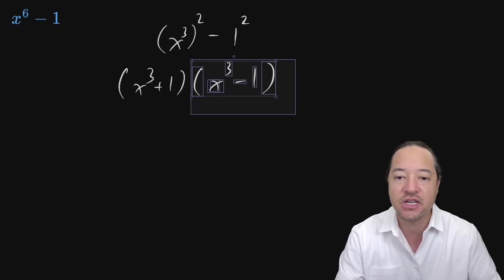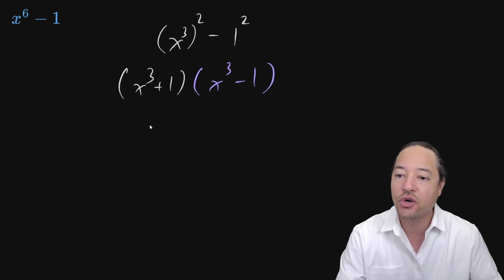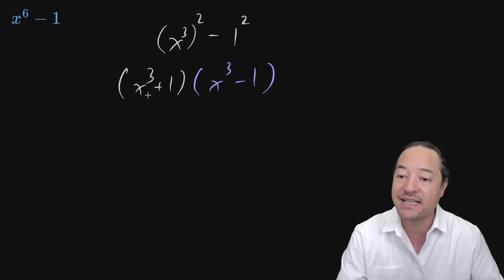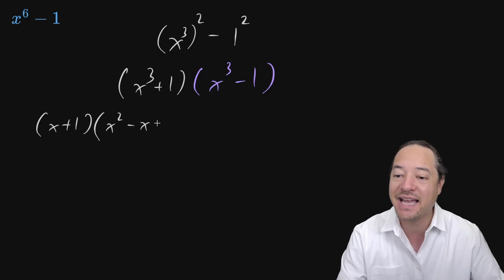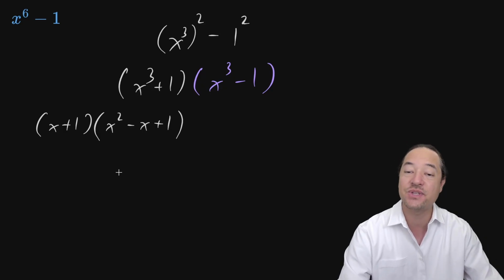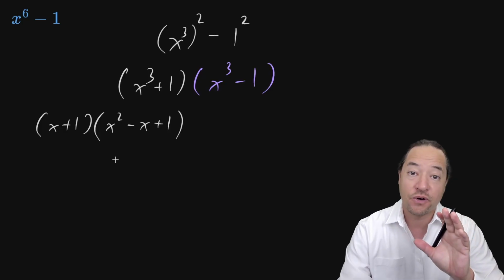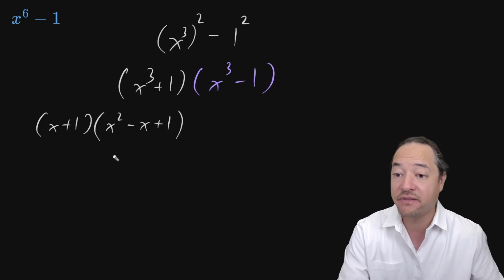Let me just color code these real quick. So for this first one, we recognize that we're going to be able to factor this into x plus 1 multiplied by x squared minus x plus 1. This is the formula for factoring the sum of two cubes.